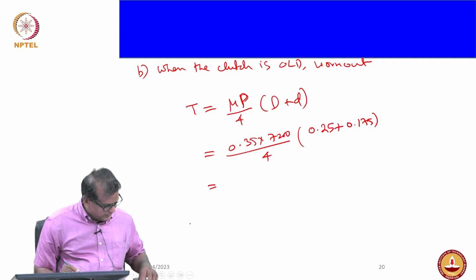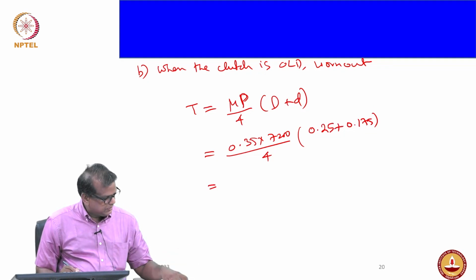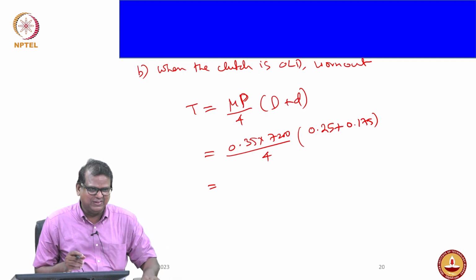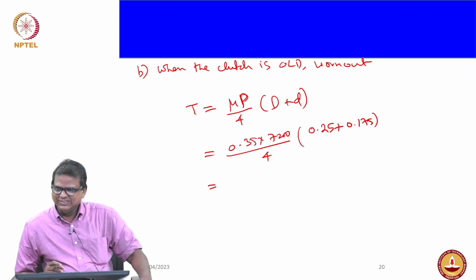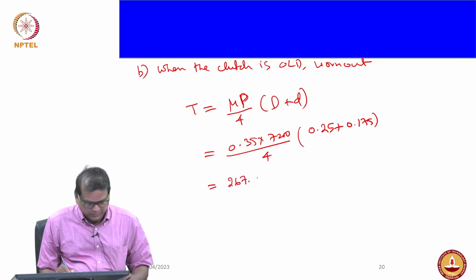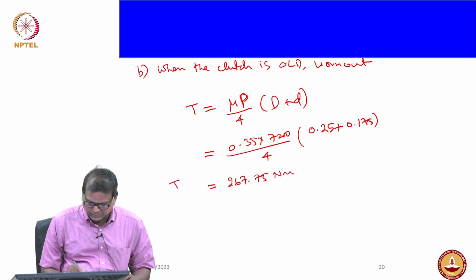So what is the value you are getting? This should be less, right? It will be less. 267.75 Newton meter. So this is your torque.